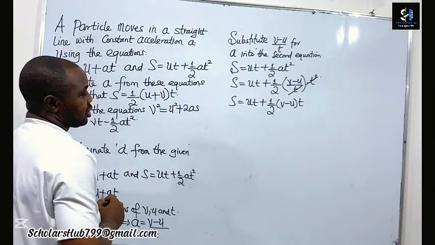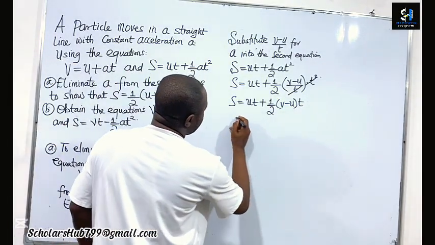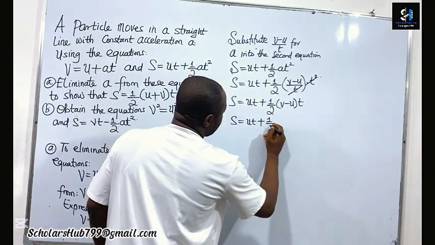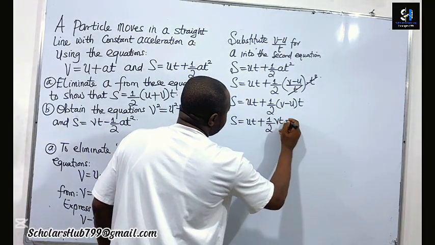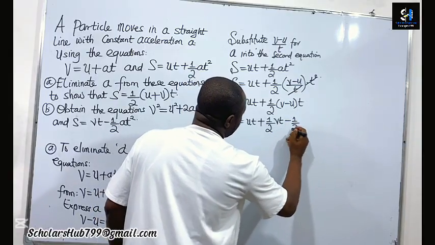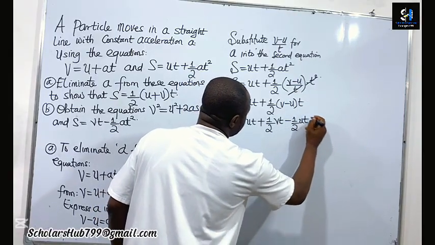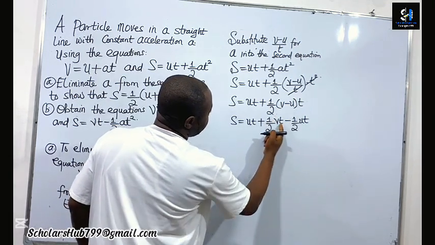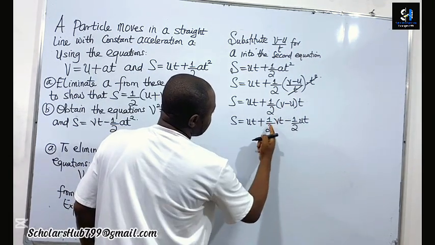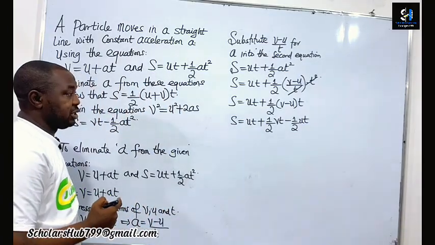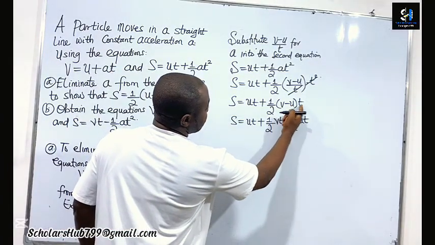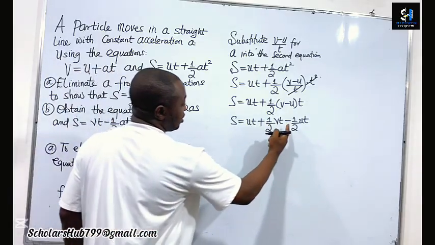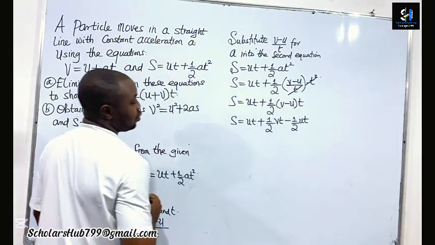Now this will be ut plus 1/2 of vt minus 1/2 of ut, because v times t will be vt. So 1/2 times vt will be 1/2 of vt. Then negative u times t will be negative ut, multiplied by 1/2, that will be minus 1/2 of ut.